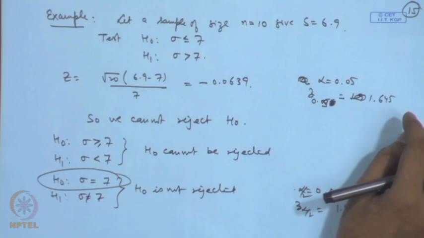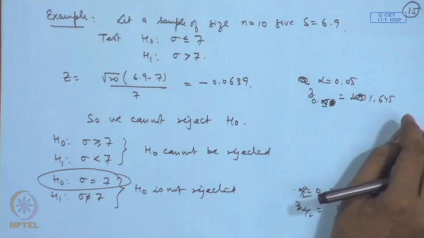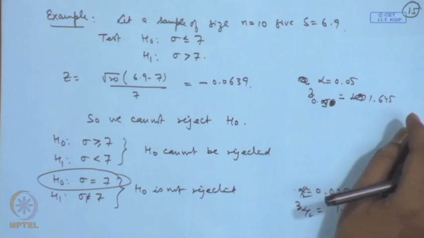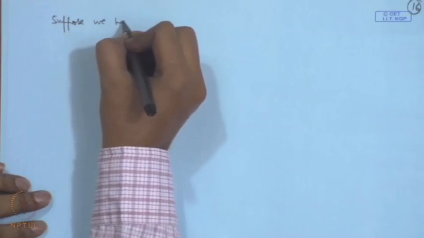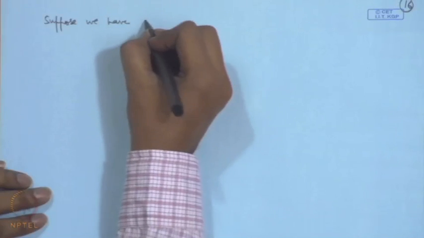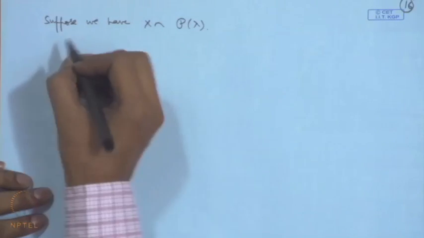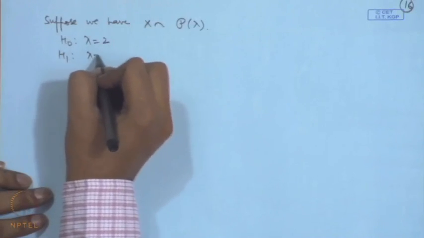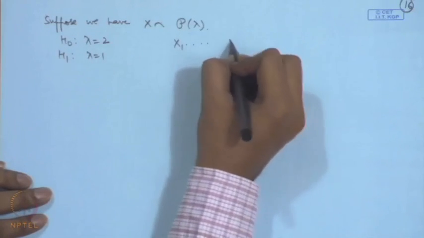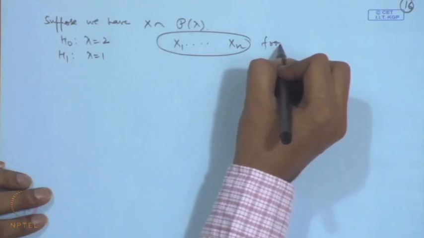Let me give one or two more examples here. Suppose we have X following Poisson lambda distribution. We want to test whether lambda is equal to 2 against lambda is equal to 1, and we have a random sample x 1, x 2, ..., x n from this population.